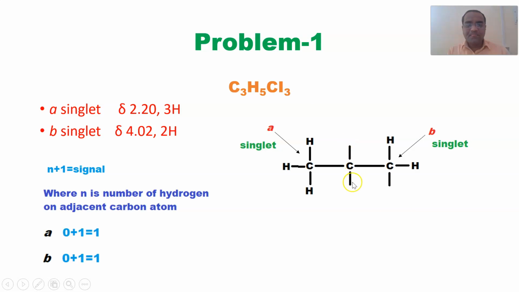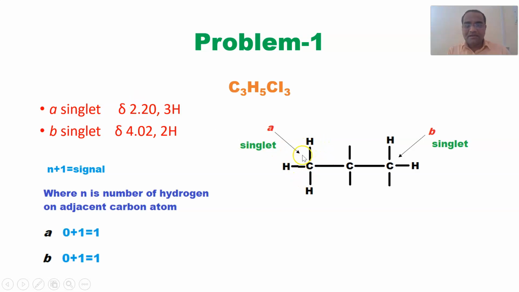Just put the 3 chlorines on the 3 vacant positions. From this signal you can also understand, it has a value of 2.20. If you remember, we have seen earlier the values for a halogen adjacent to a halogen.